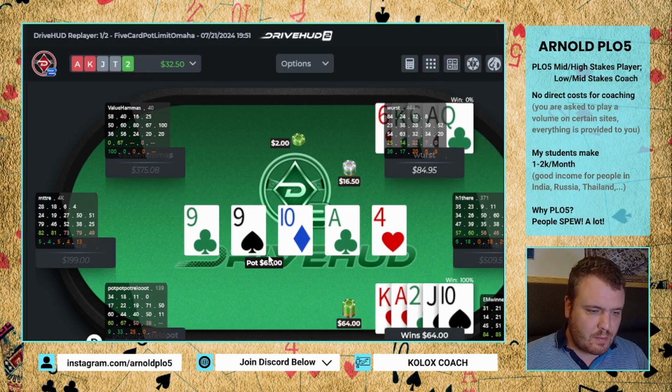I could be more aggressive on the flop. I could be more aggressive on the turn. The turn also looks a little bit like he wants to buy something. Probably he also gets more value with the 9, so it's not that clear.